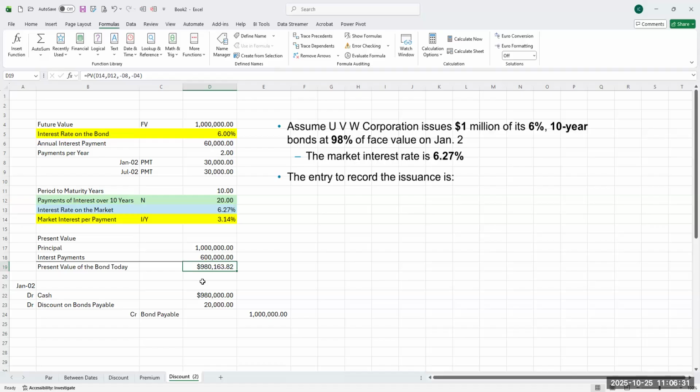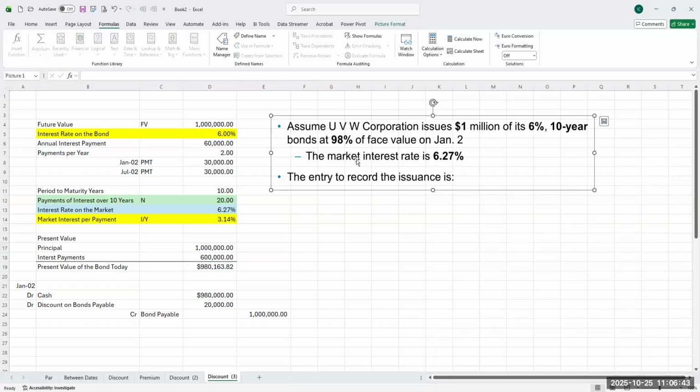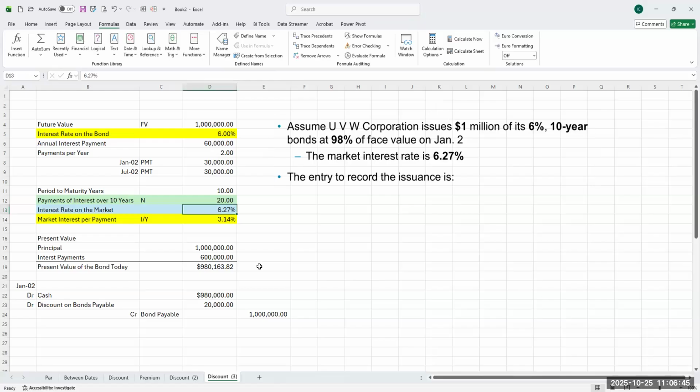Just for the sake of the exercise, I want to show you something. What if the market interest rate is not 6.27%? What if the market rate is 6%? If the market is exactly 6%, our present value will be exactly the amount that we have to pay after 10 years.